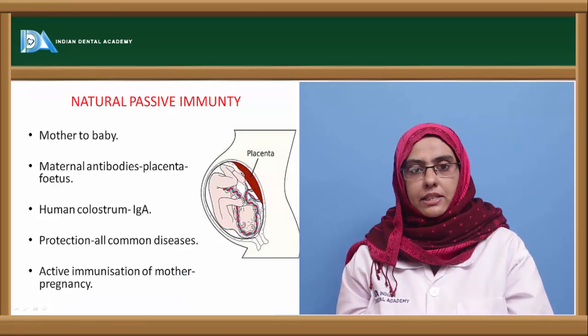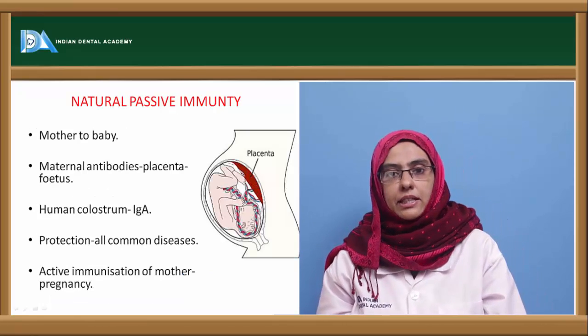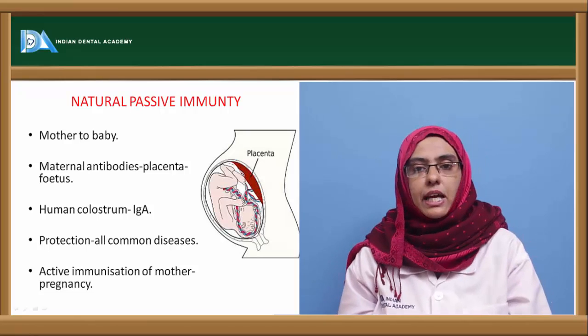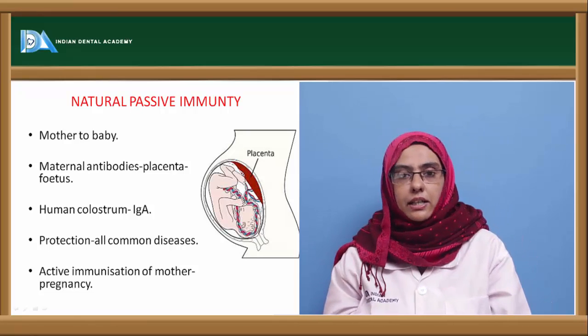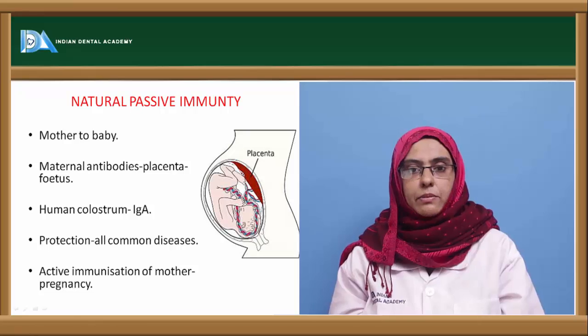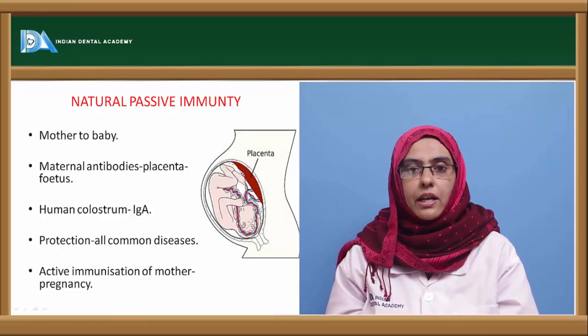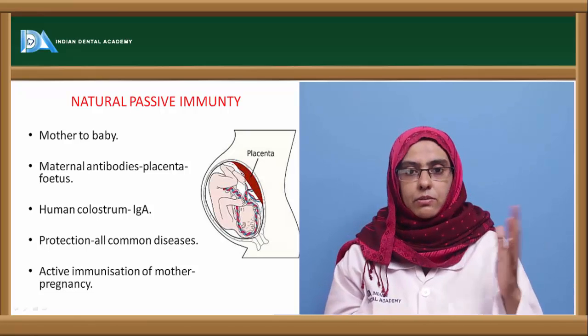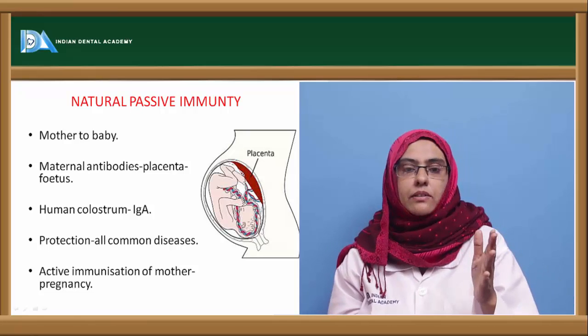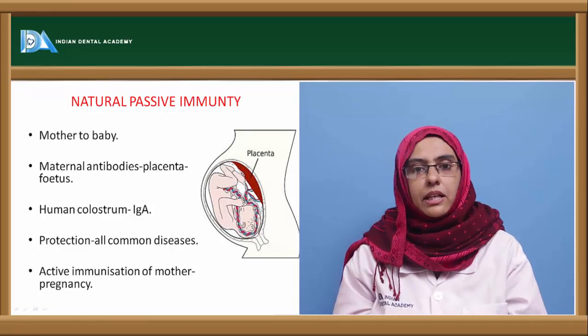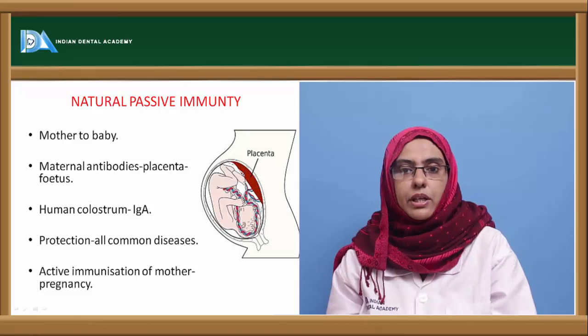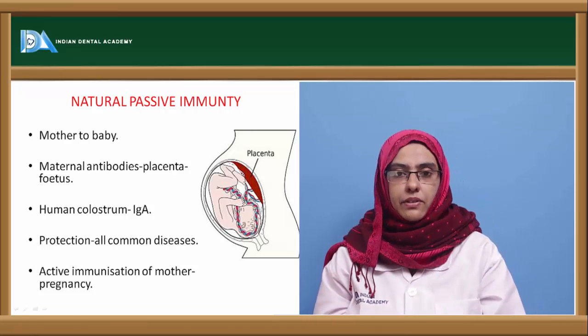Now coming to the classification of passive immunity, it can be classified as natural passive immunity and artificial passive immunity. The best example of natural passive immunity is the immunity provided to the fetus by the mother, so mother to baby. Here, different antibodies of the mother have the ability to cross the placenta and protect the fetus from different types of infections.